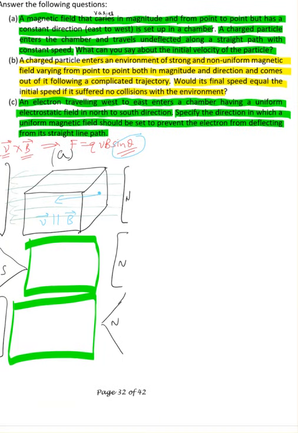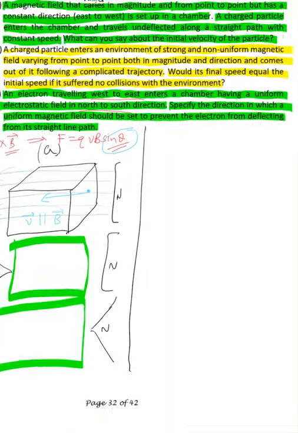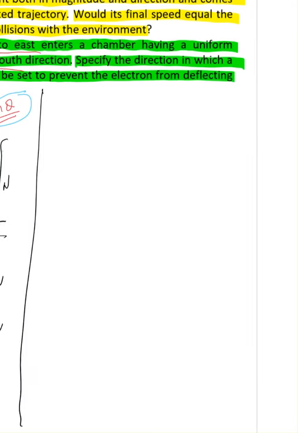We'll need to understand the situation first. Say the electron is going from west to east and the electric field is from north to south. So let us first try to create that situation. I have a particle, say an electron, trying to go from west to east, in this direction, and then I have an electric field set up here.